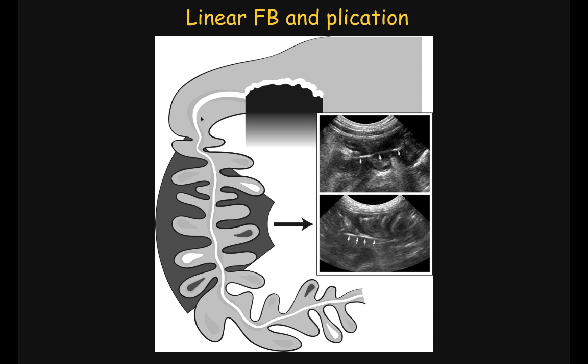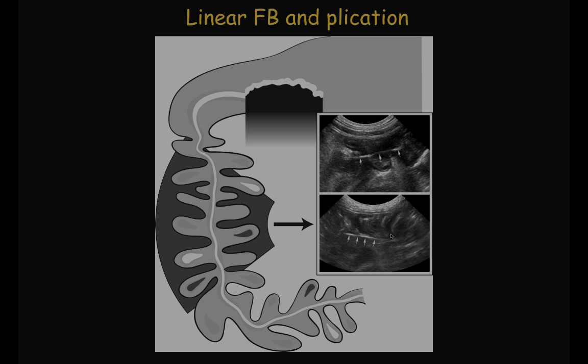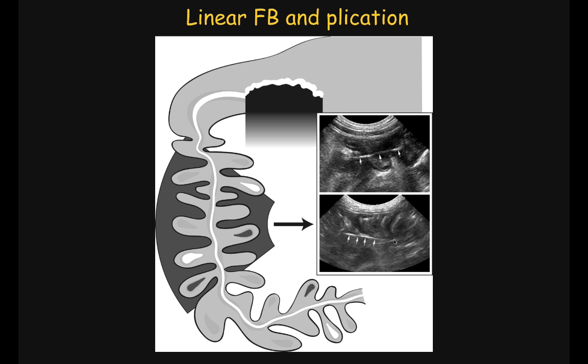And then the long linear part of the foreign body extends into the intestinal tract, but cannot move through it. The affected loop or loops are then plicated, and they may contain variable amount of gas or fluid. The plication makes the bowel look like hair scrunchies.